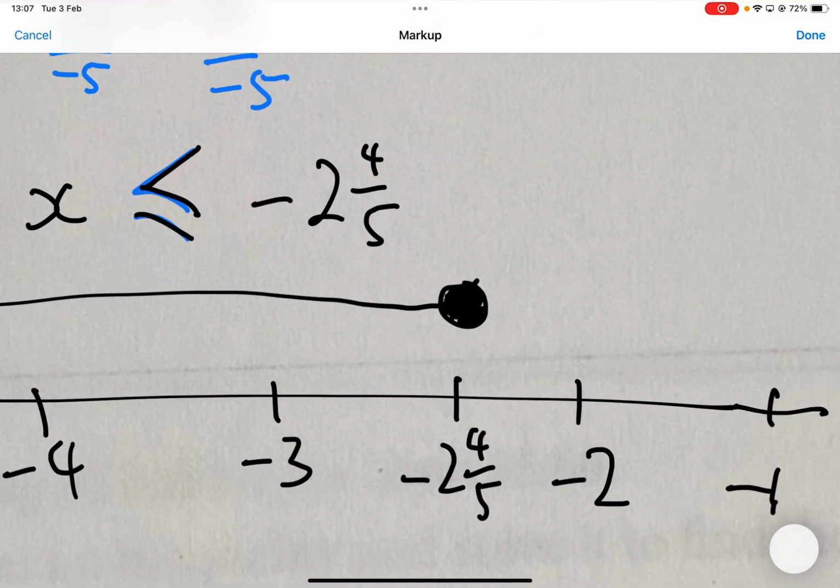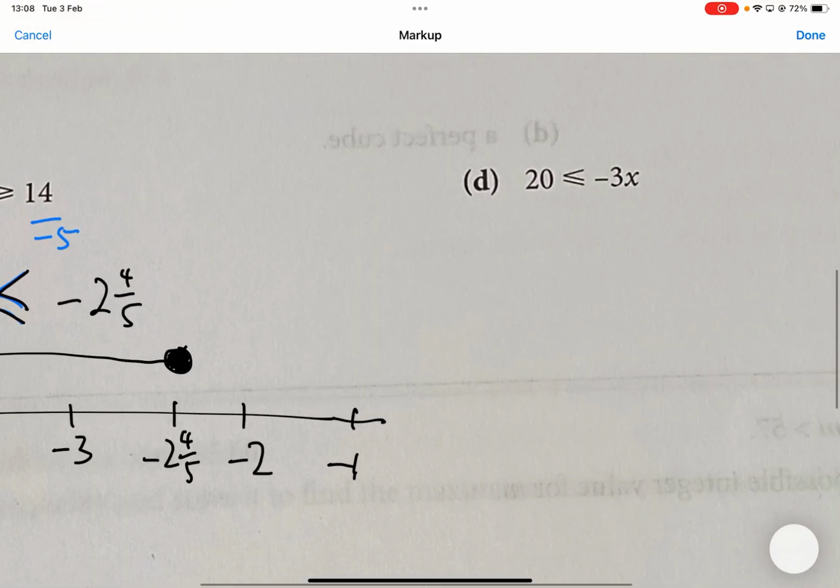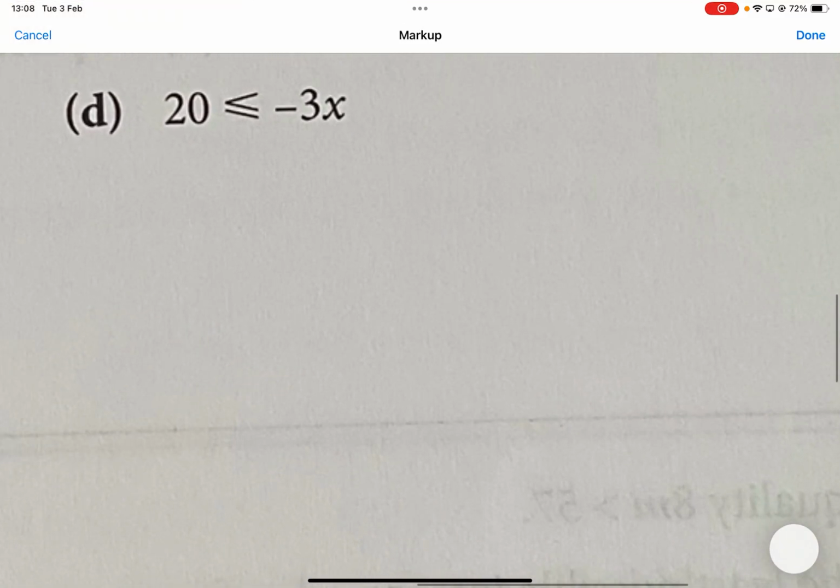This equal sign means solid dot. Because x can be smaller than this number, x can be this number. It can be there, so you can use a solid dot. Follow so far? Look at one more, then we are done for this chapter already.